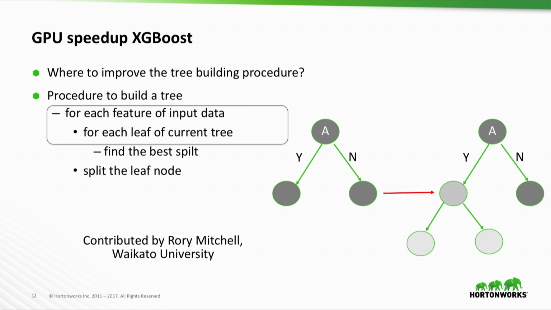For example, when we split node A, we get yes or no. We will get two nodes. In the CPU version of XGBoost, we can do it separately, which means we can use two threads to get the split in the left node and the right node. So we can say this is the multi-thread implementation.